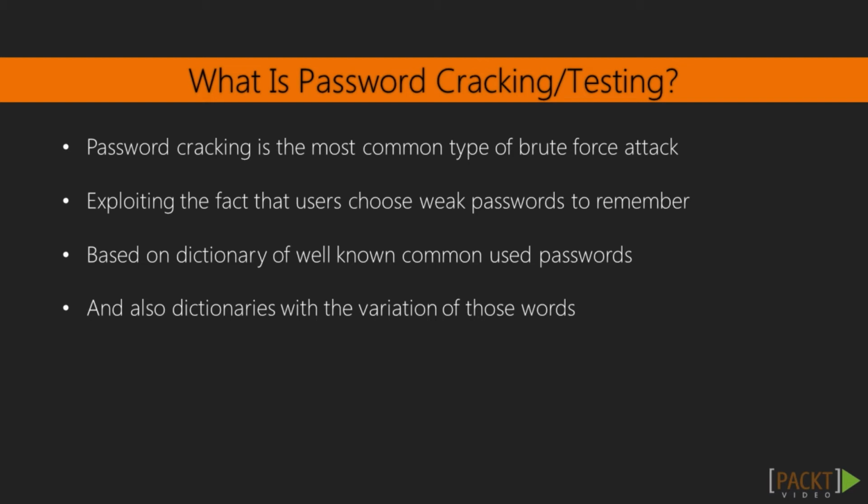These lists were created by taking the most used passwords from the list of passwords leaked from different online services. Password lists may also include variations of words, as those generated by replacing letters by numbers, like O with 0 and I with 1.